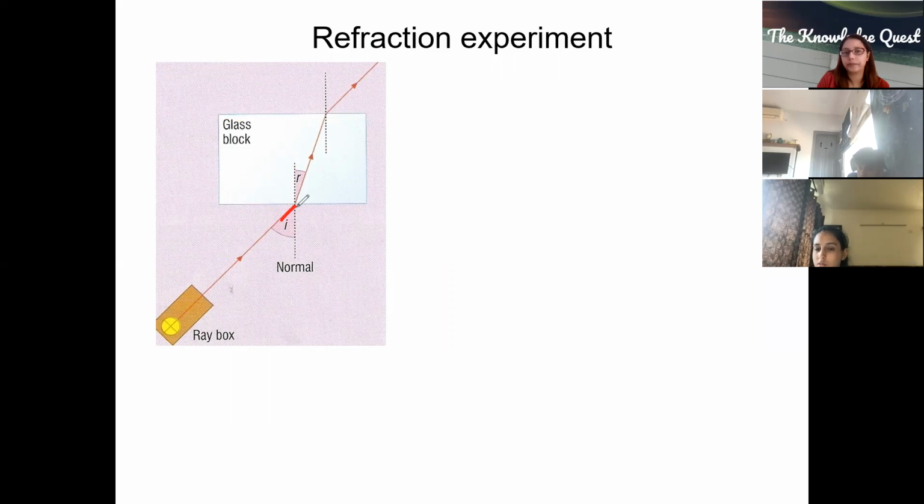The incident ray and this angle, then this is the reflected, no, sorry, this is the refracted ray, and then it comes here, goes away, and this is the emergent ray, the one which is emerging finally. Incident, refracted, and emergent. Here we have three rays. Then we have two normals on both the surfaces. Clear?